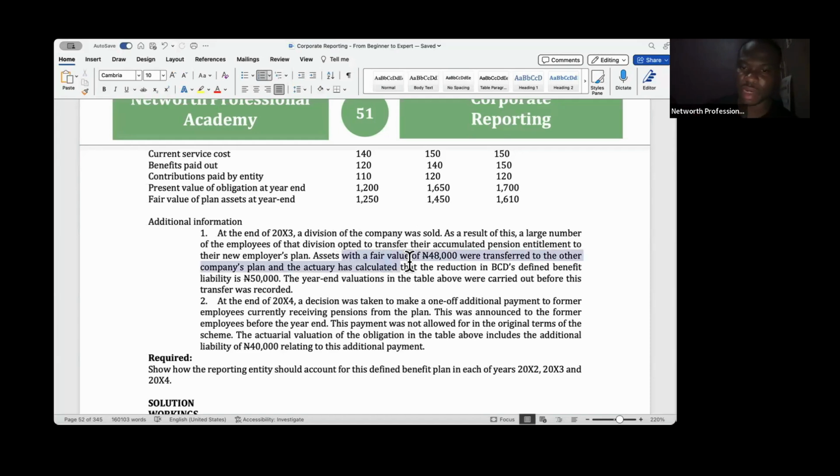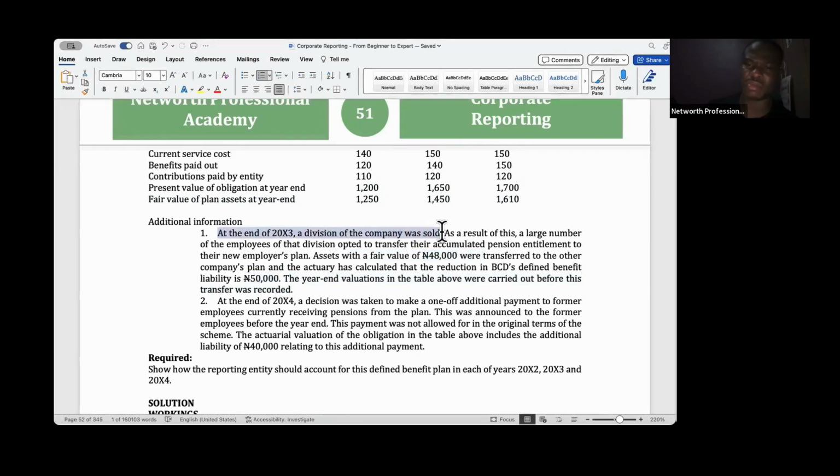So they now said the plan assets of 48,000 was transferred from the company. The actuary said that the obligation that will reduce is 50,000. And they said these amounts have not been deducted from these fair values given. But I'm less concerned about this for now. I'm more concerned about this 48 and 50. But first, what's this speaking to?